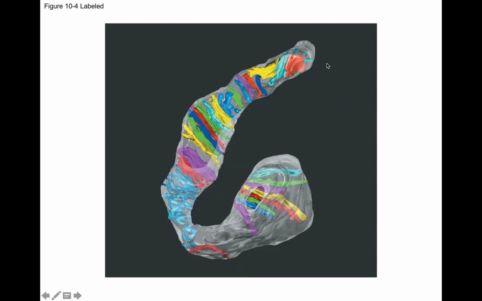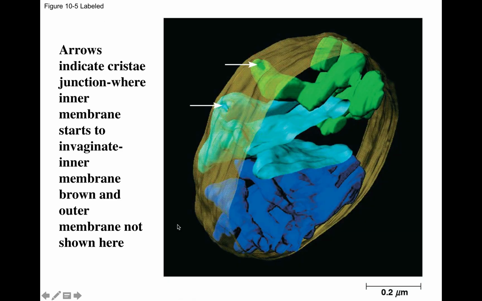Here is a more realistic picture of a mitochondrion. We see it more like a tube of stuff, and then these multicolored invaginations here are the cristae of the inner membrane. In this diagram here, there is no outer membrane shown. This is just inner membrane, and the inner membrane at certain spots pinches in and forms these big folds.